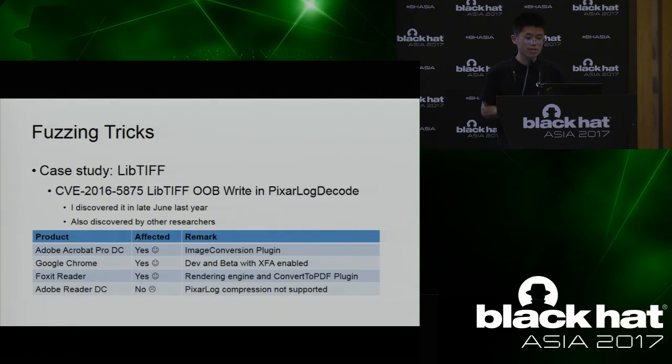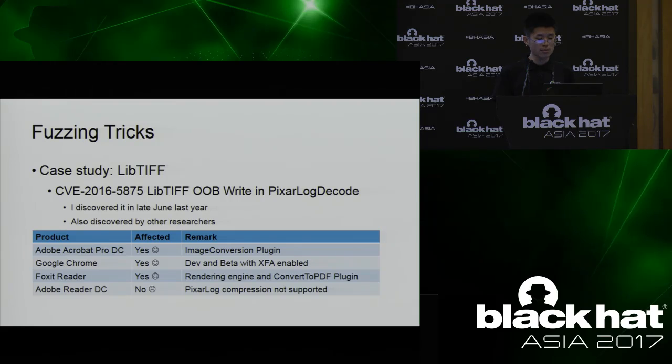Here, I'll use libtiff as an example. Last year, I discovered an out-of-bounds write vulnerability in libtiff's PixarLog decode function. It should be noted that this vulnerability was also discovered by some other researchers, but it was a zero-day vulnerability at that time. This table shows the software that was affected by this vulnerability.